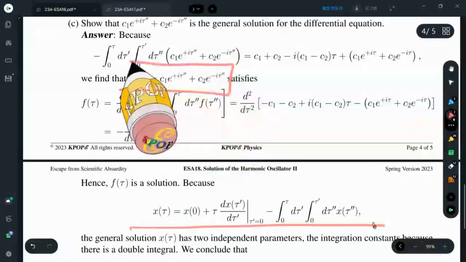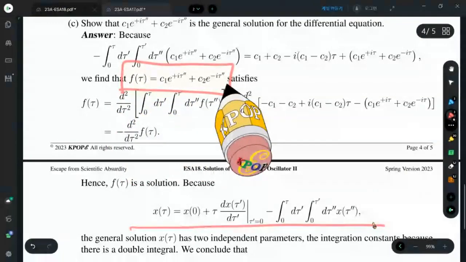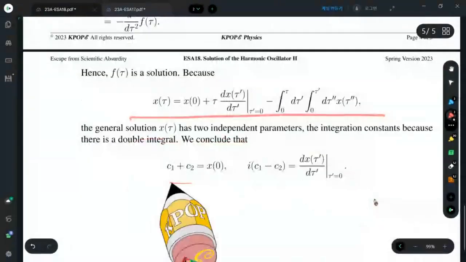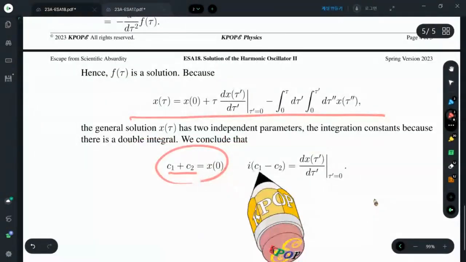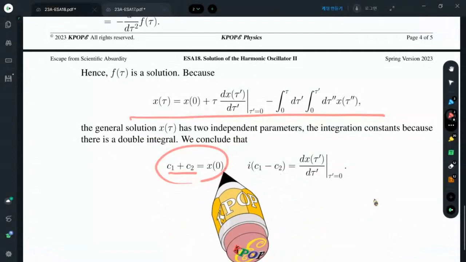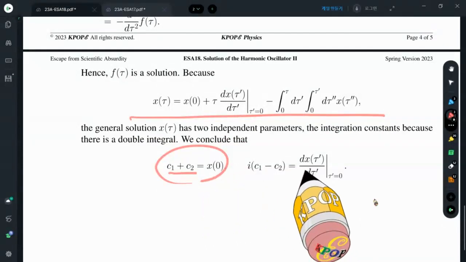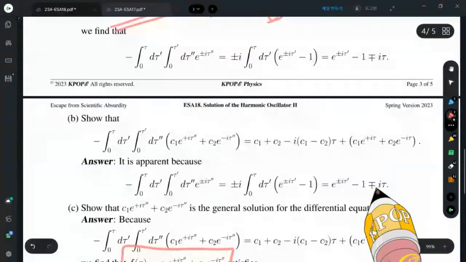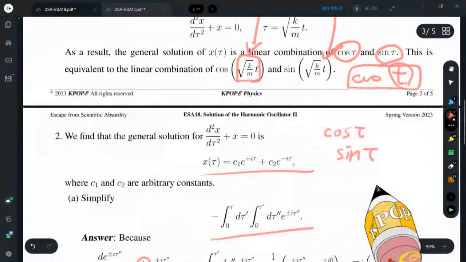Finally, we have found the linear combination of these two functions is the general solution, because these C1 and C2 completely determine the initial value of the position and the initial value of the velocity. So you can make use of either way.